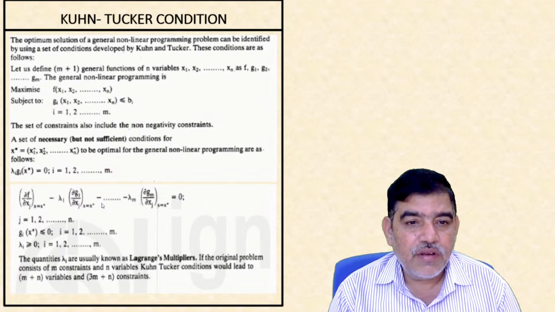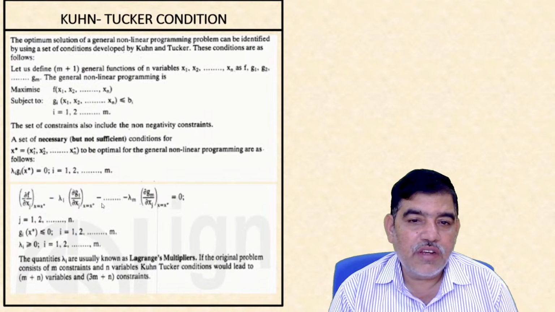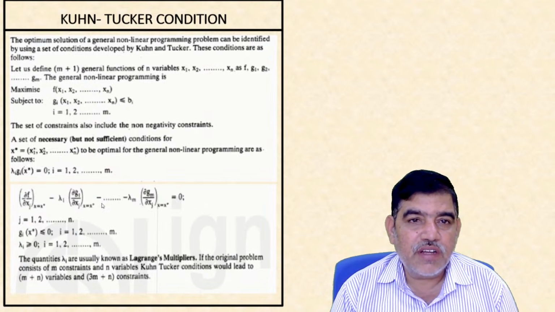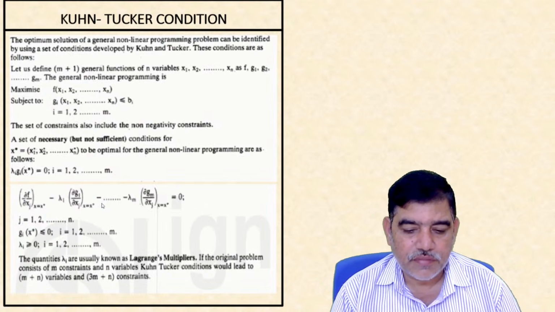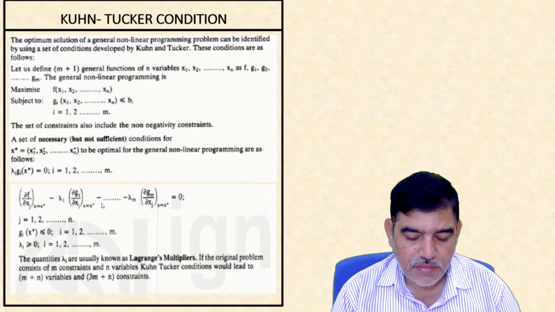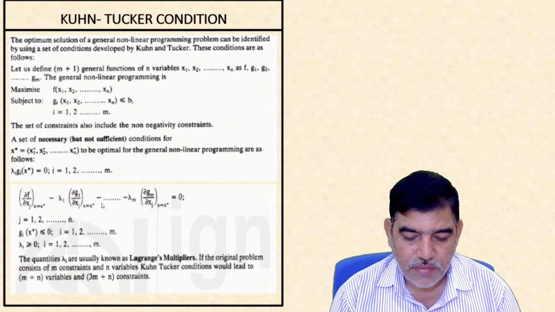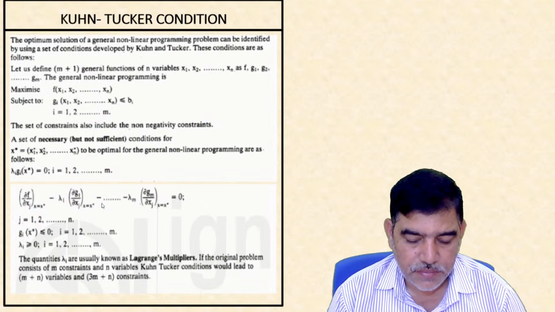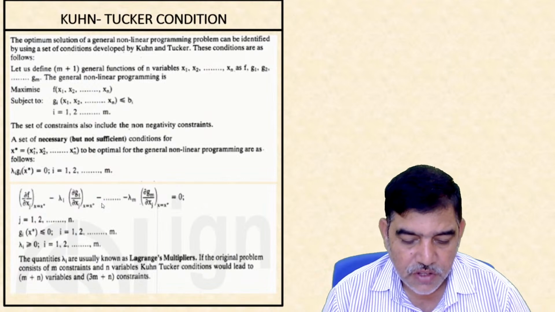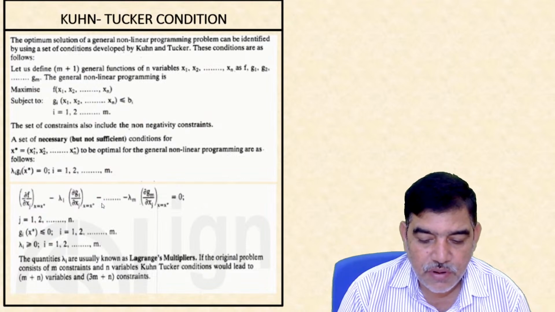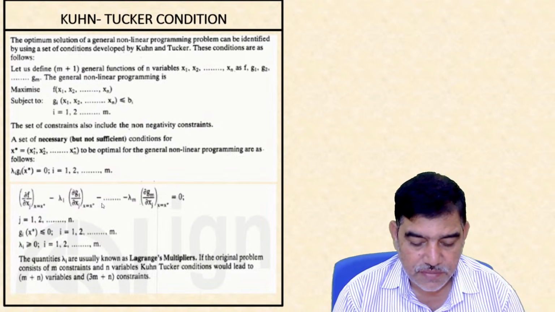So after solving the nonlinear programming problem, it is required to check by using the Kuhn-Tucker conditions whether it is satisfied or not. Quadratic programming is also applicable in portfolio selection.